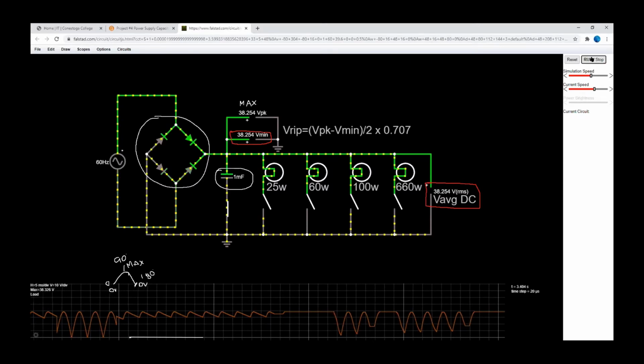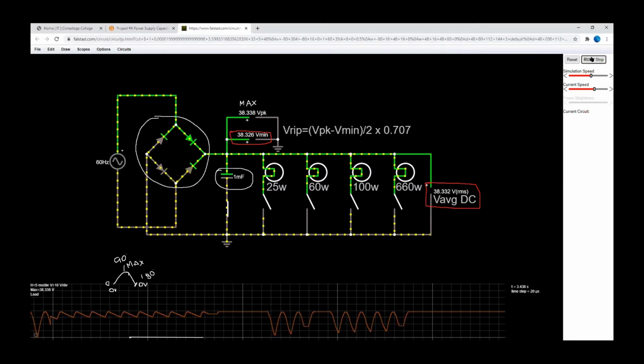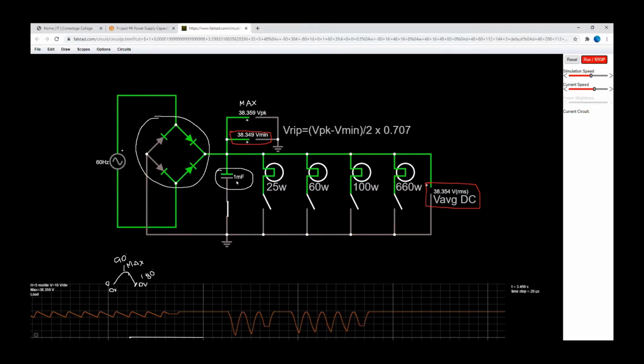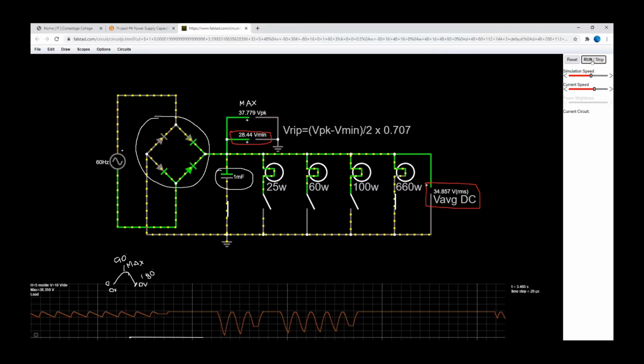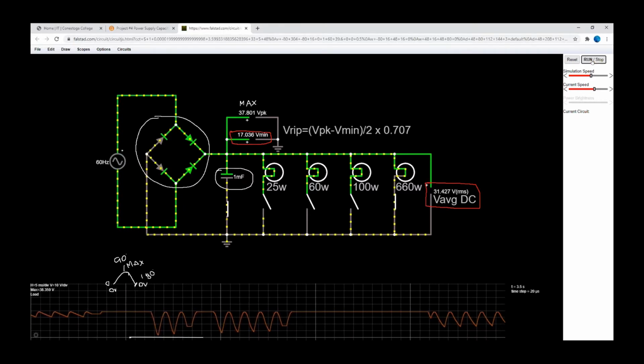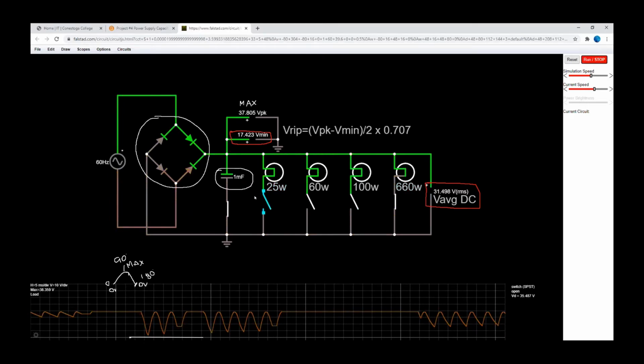So when we rerun the simulation, now because we have so much capacitance, you can see that, okay, so let me see. Okay, I was forgetting this one. Now that we have so much more capacitance, twice as much, because I have 1 millifarad, you can see that from before, my minimum value was going down to 8.8 volts, as you can see right here by the cursor, right on the top.